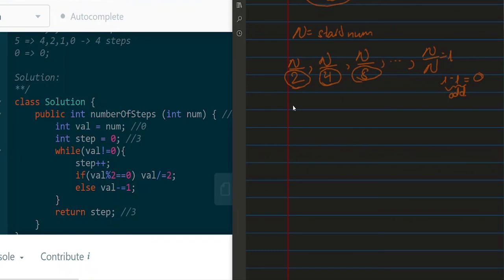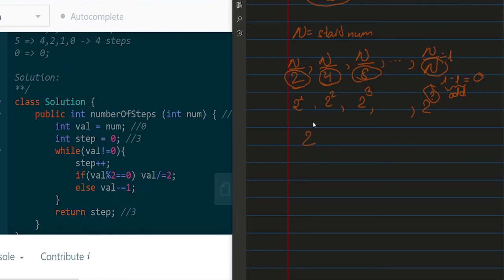So we have 2 to the power of 1, 2 to the power of 2, 2 to the power of 3, and 2 to the power of what number would get us n? This question mark would tell us how many numbers are there in this series, which tells us how many times the while loop operates in order to reach 0.